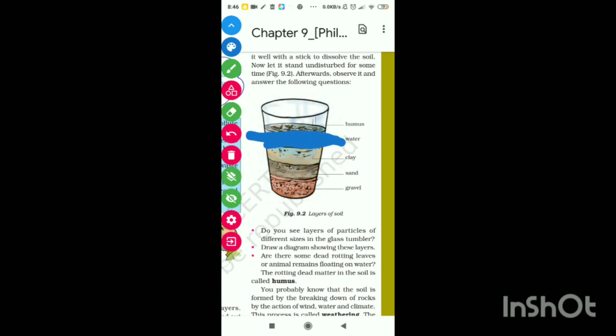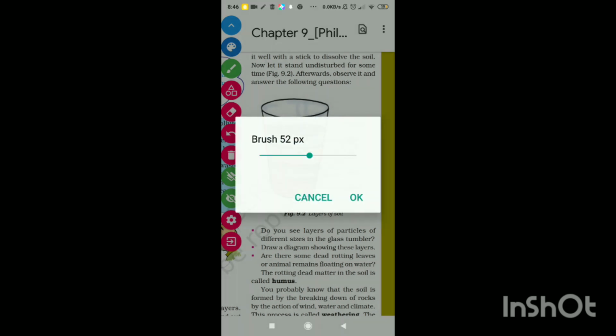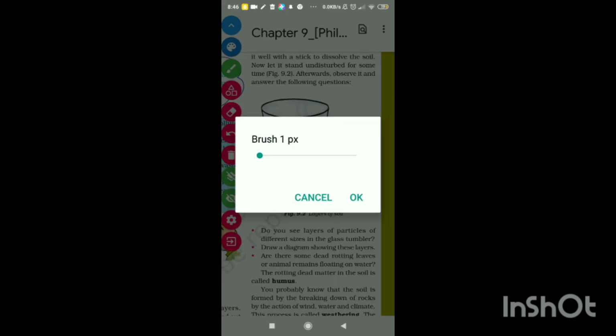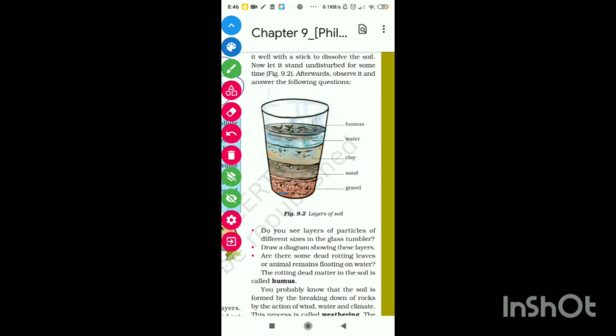Below humus, water is in the soil, and then some clay particles are also there. Then sand, and at last gravel is present in the soil. So humus is the rotting dead matter in the soil.